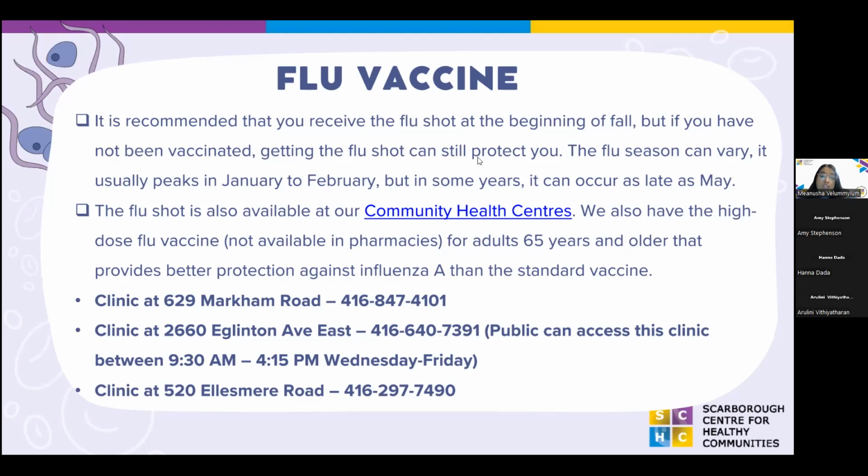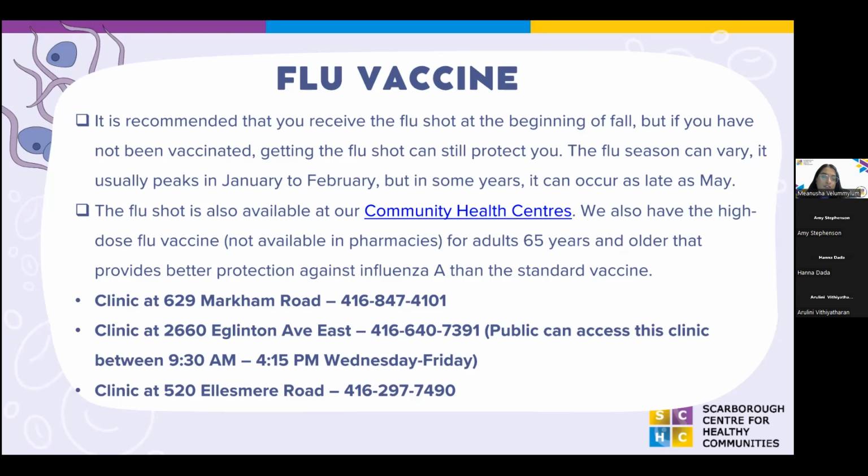So here are some of the locations of the clinic. We do have a location at 629 Markham Road. And here is the phone number. So it is 416-847-4101. Our clinic over at the Hub, 2660 Eglinton Avenue East, can be accessed from 9:30 to 4:15 p.m., Wednesday through Friday.